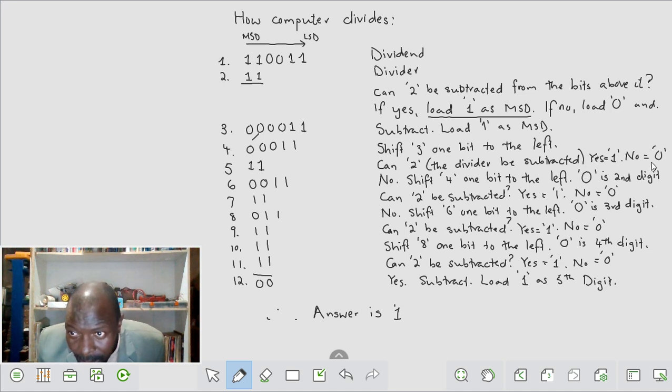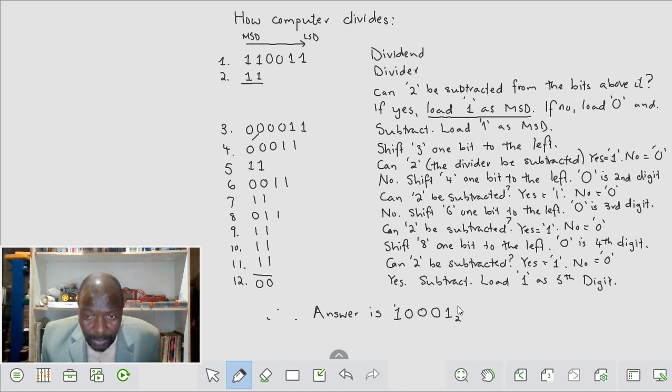the second bit was a 0, the third bit was a 0, the fourth bit was a 0, and the final bit was a 1.